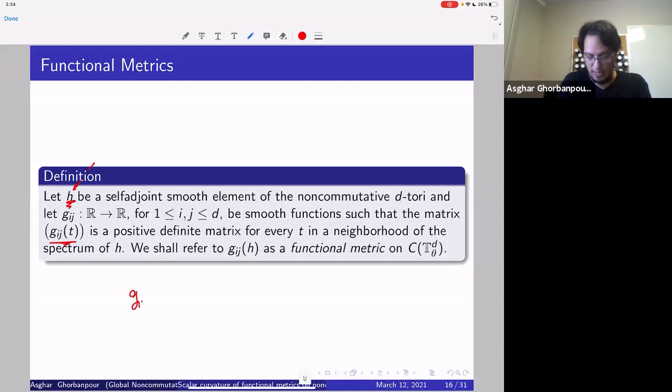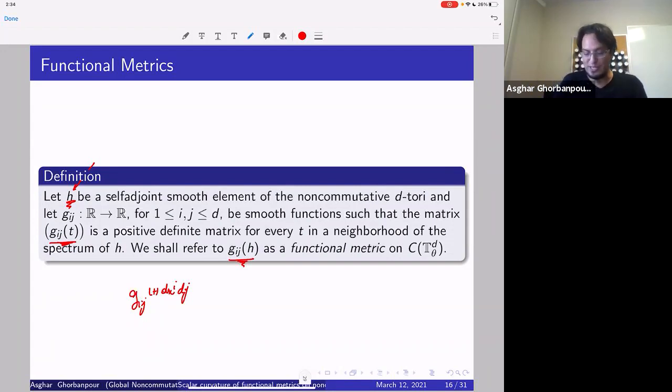So g_ij, let me write it at least on Rn. This is dx_i dx_j. You have those entries of the metric, but now we are trying to make it a metric on noncommutative tori. So you apply these functions on that self-adjoint element.